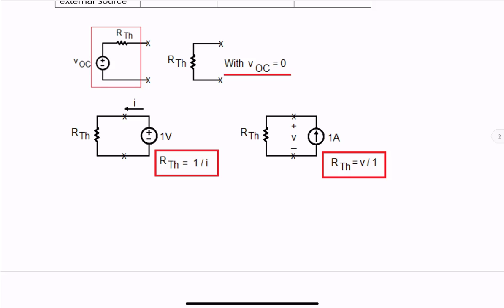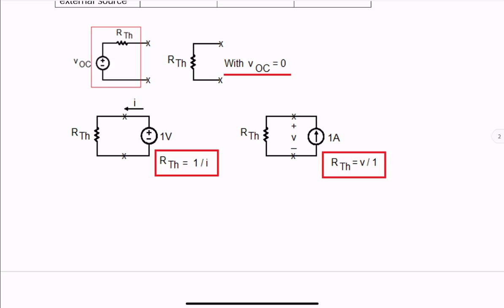So Thevenin's equivalent will be just a resistor. To find the resistance, we do one of the two options. We can apply an external source. One is the easiest value to use.